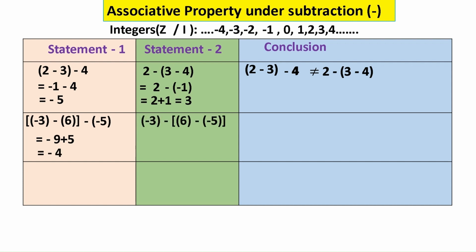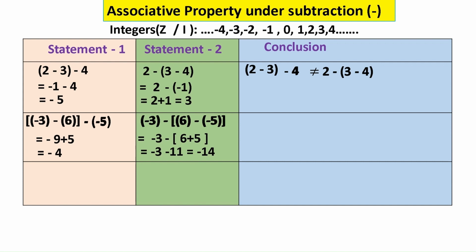And in the second statement, what will we get here? Now minus 3 and minus of plus 6 minus of minus 5, which is plus 5. So that's why minus 3 minus of 1, we will get plus 14.